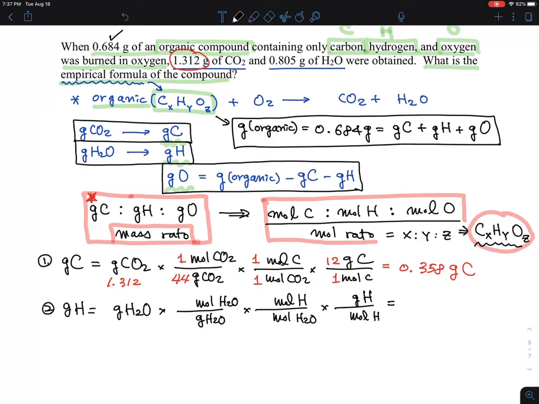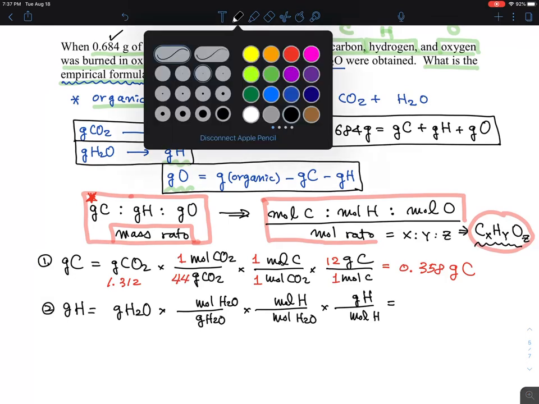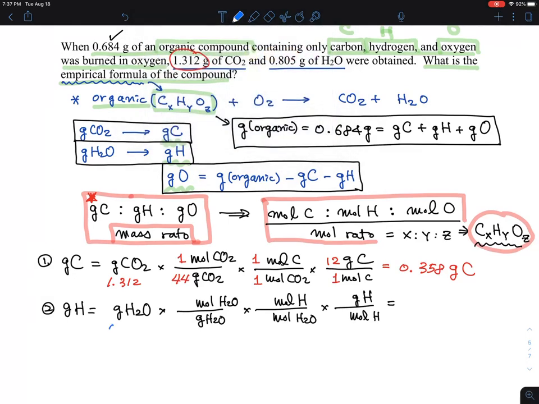Okay, so how much hydrogen do we have? That's 0.805 grams of water. One mole of water is 18 grams, and this one mole of H2O must have come from 2 moles of atoms of hydrogen.